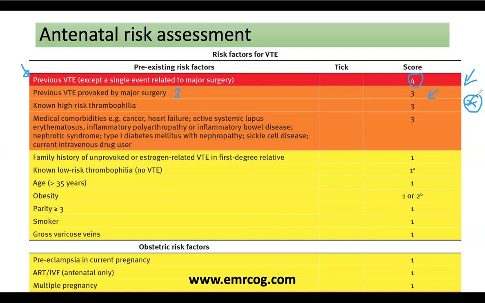So, dear friends, medical comorbidity, any chronic medical problems like active systemic lupus, inflammatory polyarthropathy, inflammatory bowel disease, cancer, or heart failure, nephrotic syndrome, or type 1 diabetes, but not all type 1 diabetes, type 1 diabetes with nephropathy.